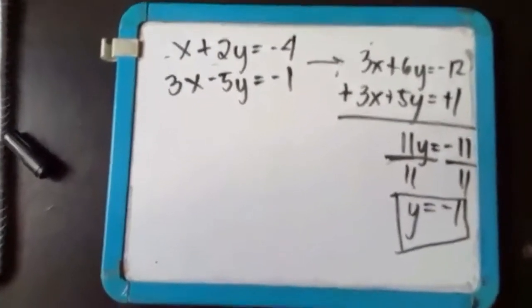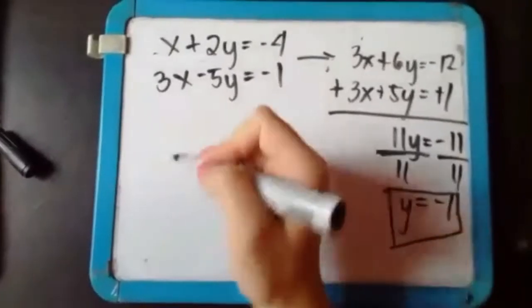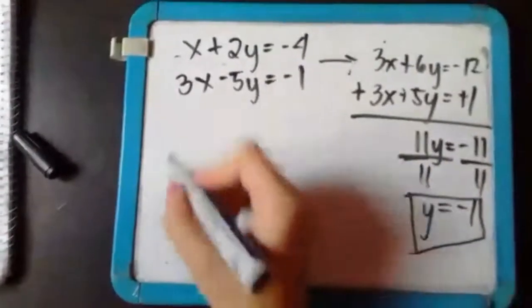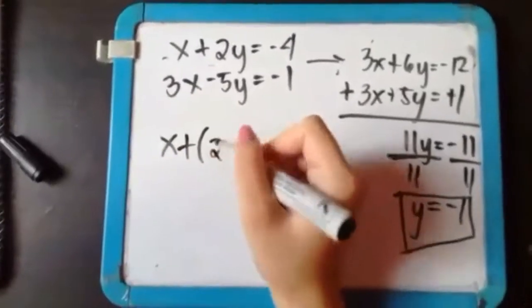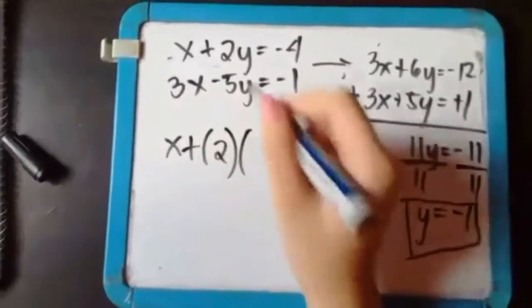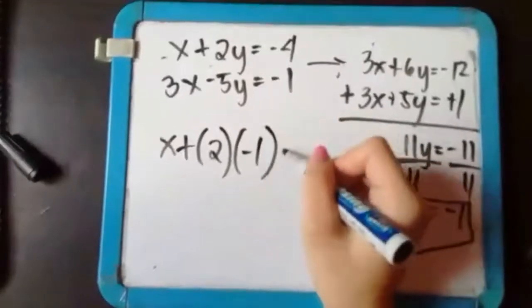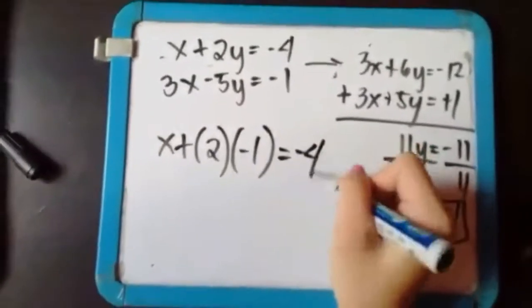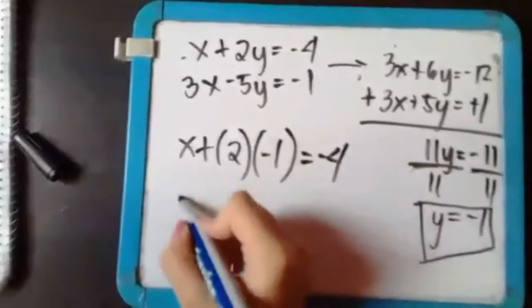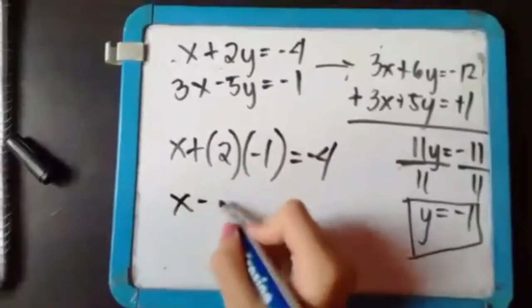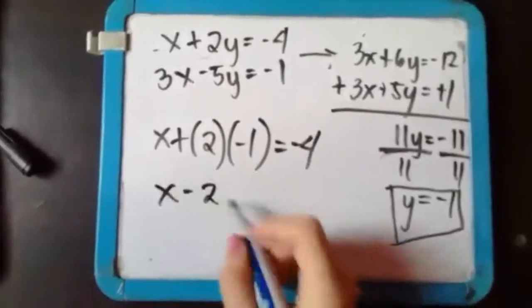So now we're going to do substitution. It's going to be x plus 2 times y, where y is equal to negative 1, equals negative 4. So we're going to multiply this out. x minus 2 equals negative 4.